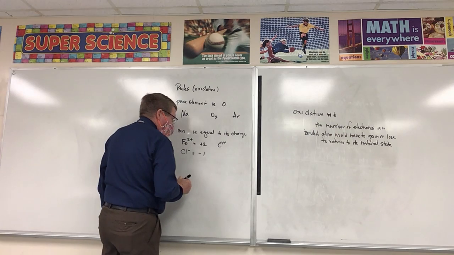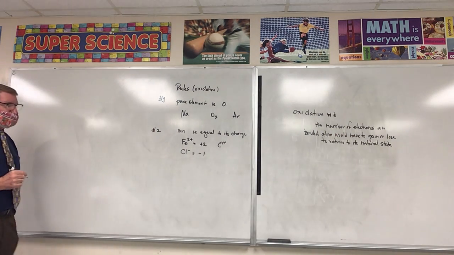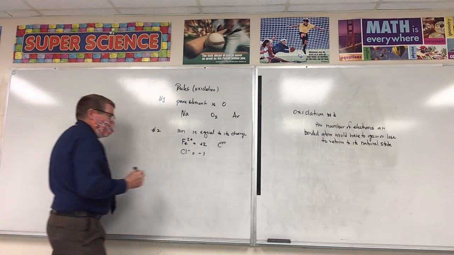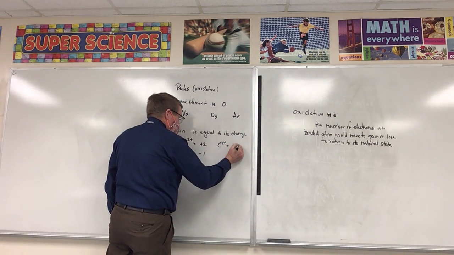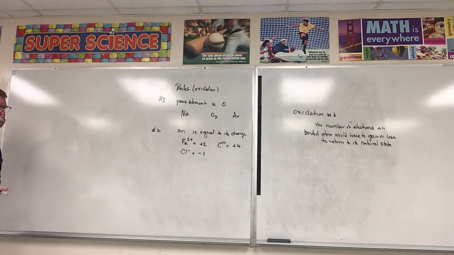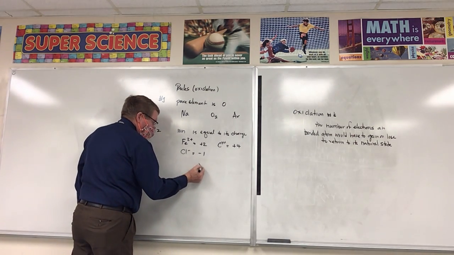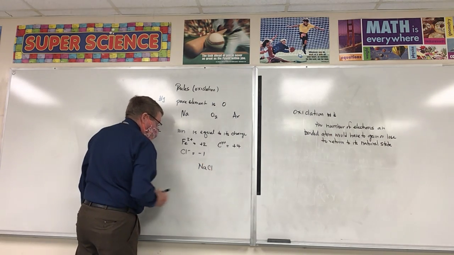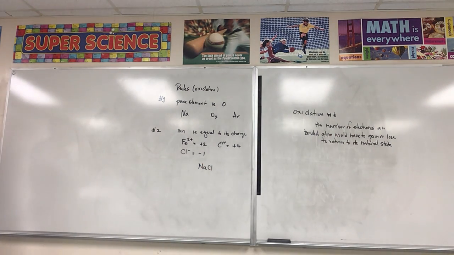Carbon atom, or ion, oxidation number would equal +4. An ion is equal to its charge. So when I look at this, NaCl, is this ionic, covalent, or metallic? That's ionic. Ionic, made up of ions, correct?